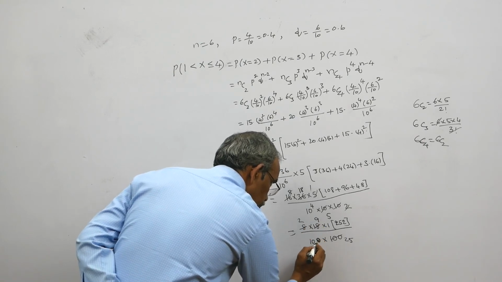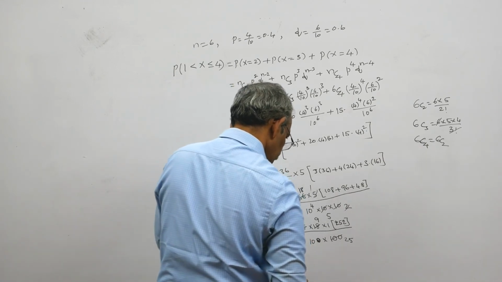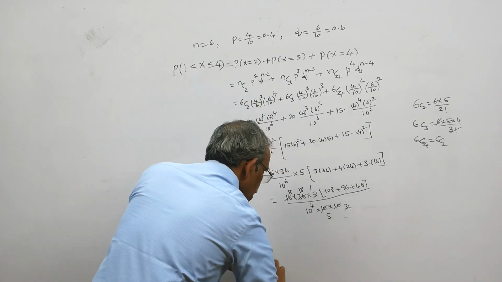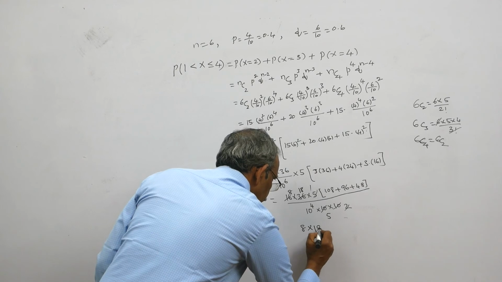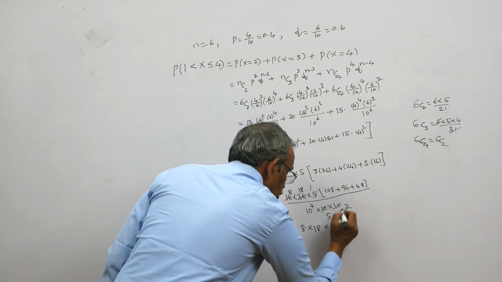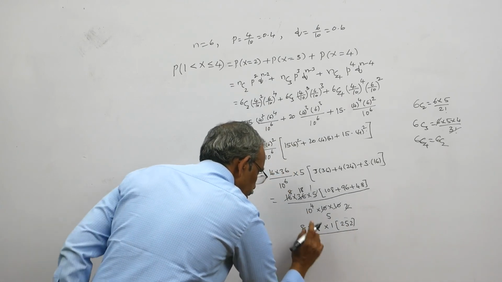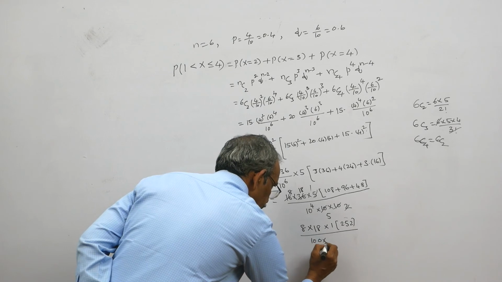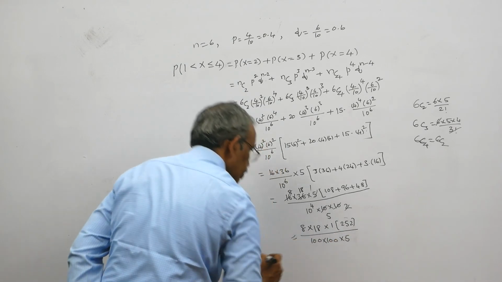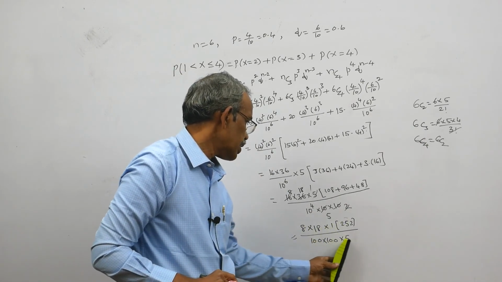Two 9s. The remaining terms in the denominator: 18 into 1 into 252 by 10 power 4, that is 100 into 5. So 8 into 18 into 1 into 252 by 100 into 5.